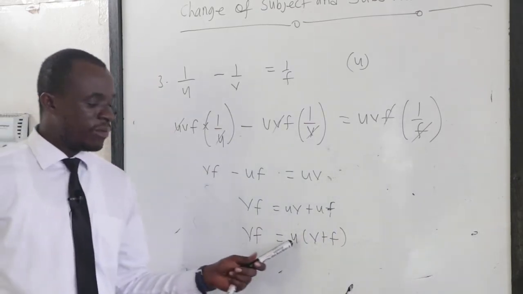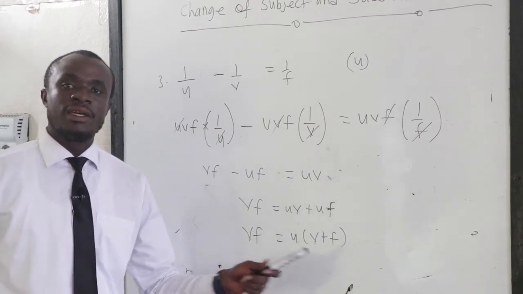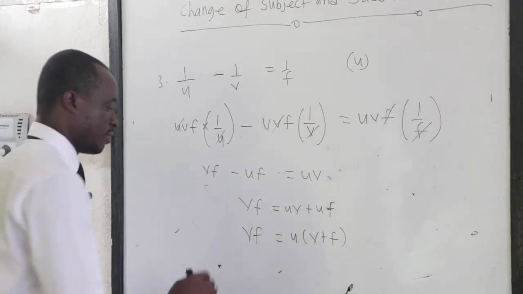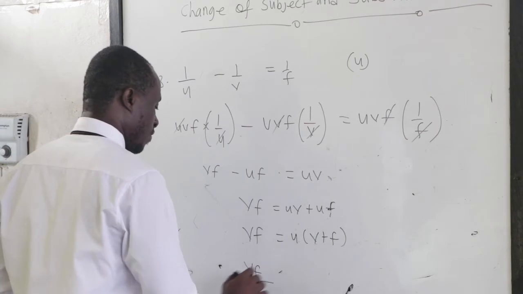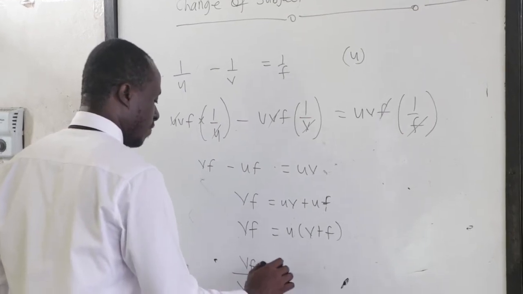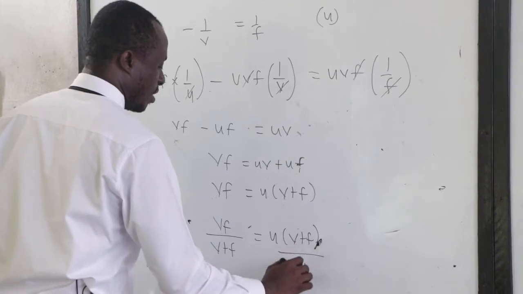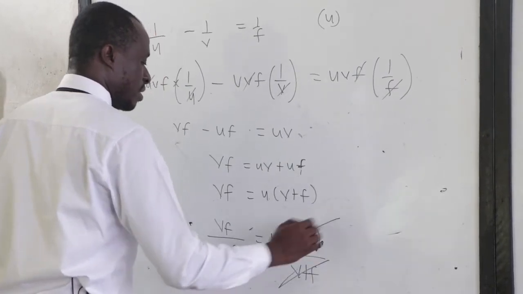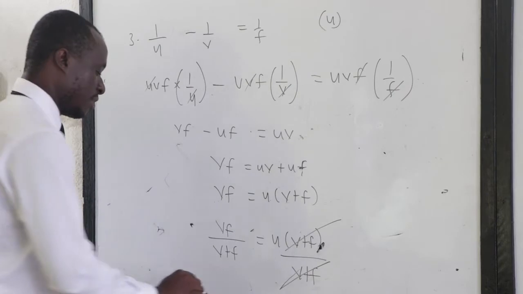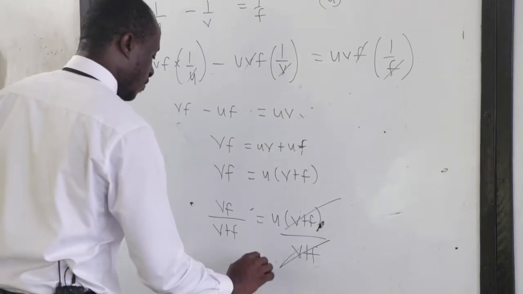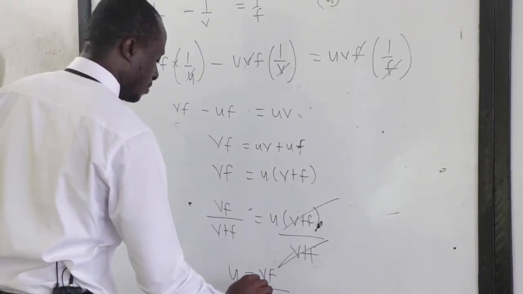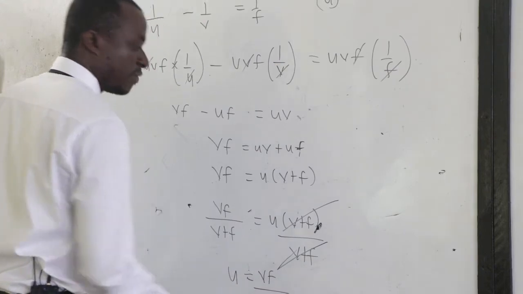From here, we can make u the subject by dividing through by v plus f. So we have vf all over v plus f equal to u times v plus f all over v plus f. This v plus f is cancelling out that v plus f. So we have our u to be vf all over v plus f.